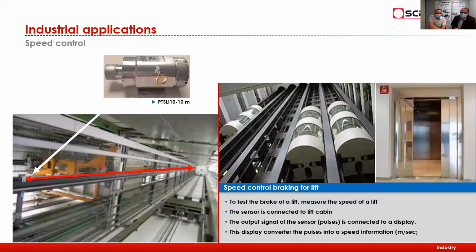Here is the specific application with the unit. In this application, we don't need to measure the displacement, but the speed. So the unit is at the bottom. We attach the cable to the cabin, and when they move, the lift, with pulses output and with an indicator, we can have on the display the speed of the system.